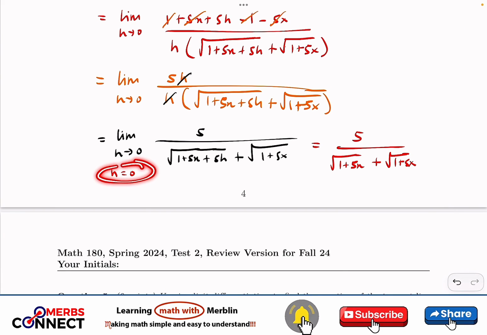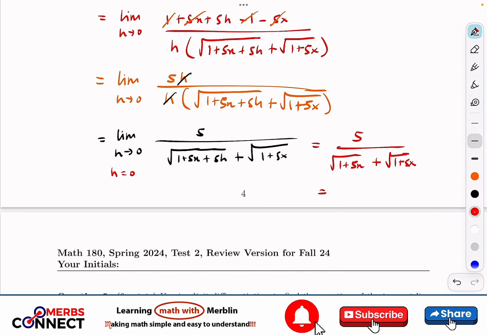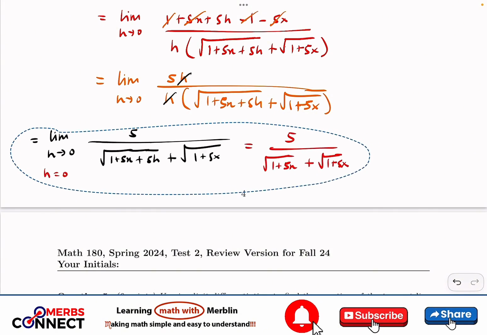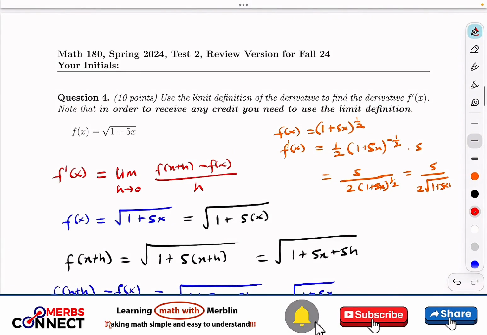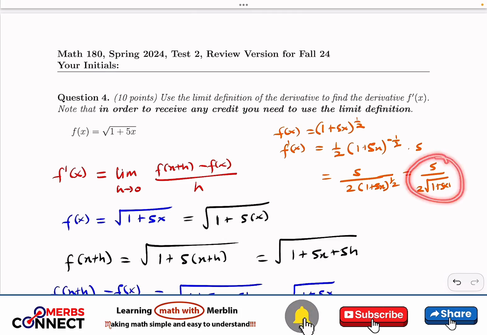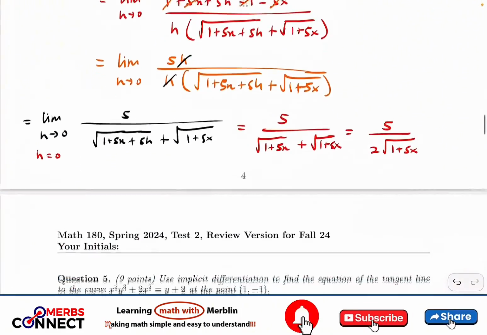This and this are the same, so it's like a plus a, which gives us 2a. So this is the same as 5 divided by 2 square root of 1 plus 5x, which is what we had here, right?